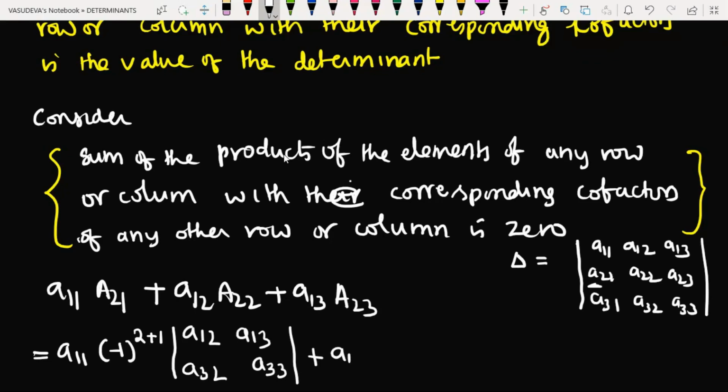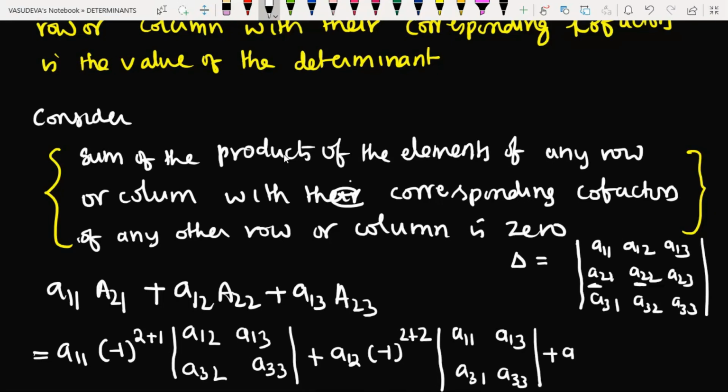Plus A12 into minus 1 to the power of 2 plus 2, the cofactor of the element A22, leaving out the second row and second column, we have A11, A13, A31, A33.